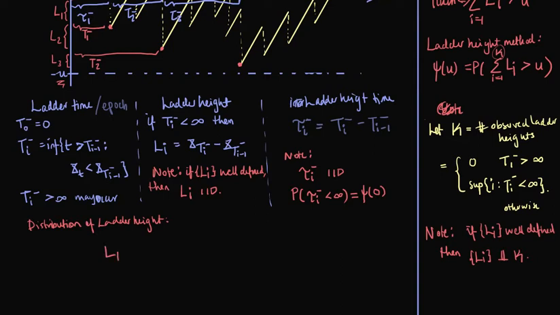Which says that the probability that a ladder height exceeds x is given as 1 divided by the mean value of the claim size multiplied by the integral from x to infinity of 1 minus the distribution function of the claim size.